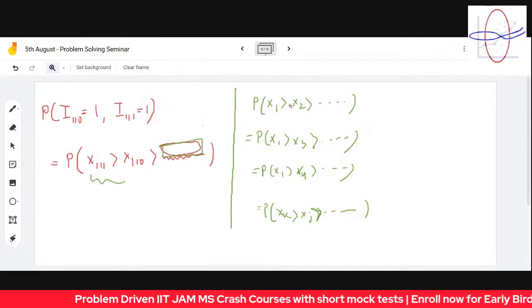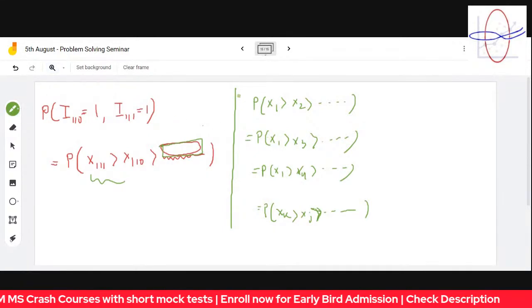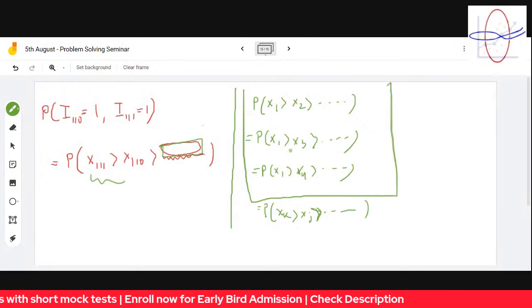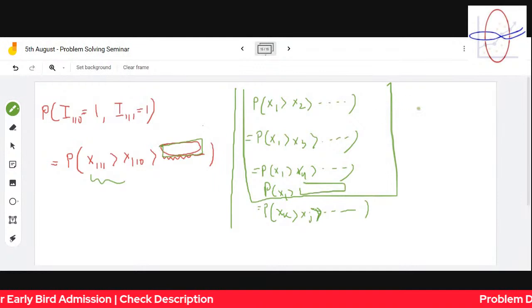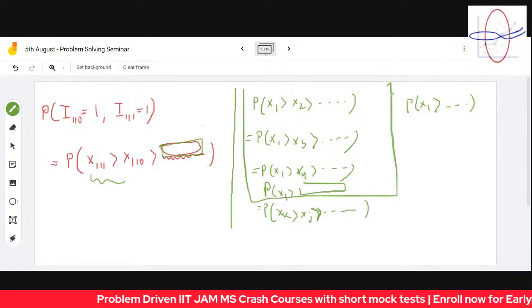If you take all the cases, the sum of all the cases of just x1 in the beginning will give rise to probability of x1 greater than this. Did you understand? Yes.